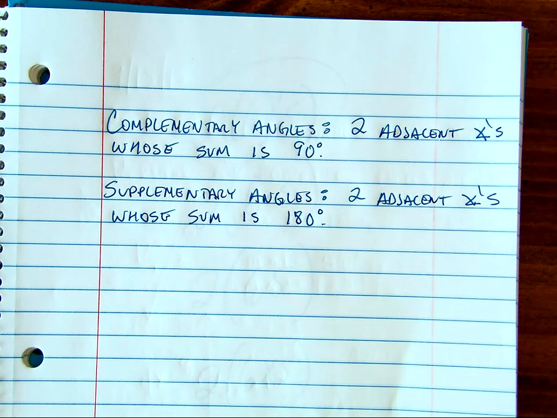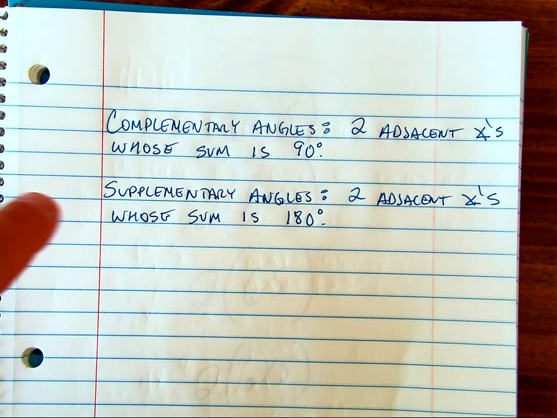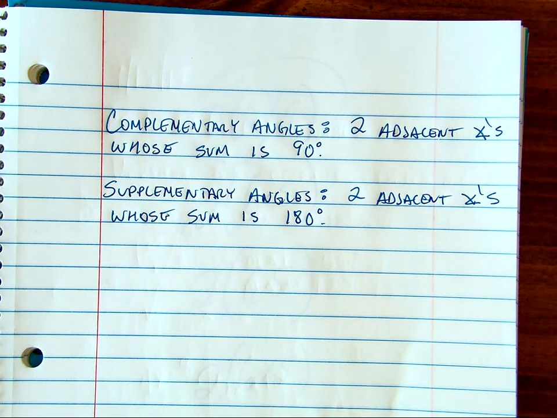We've already talked about this one. When you guys were doing your protractor practice, on that packet that you turned in yesterday, on the first set of problems, number 5, it was a supplementary angle.